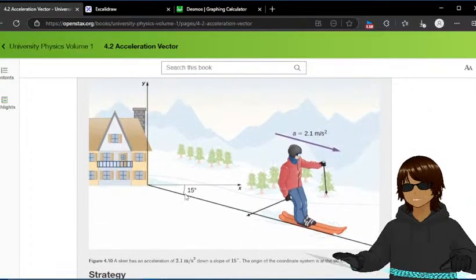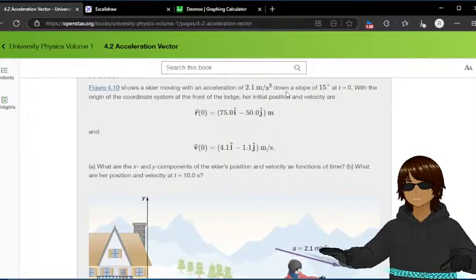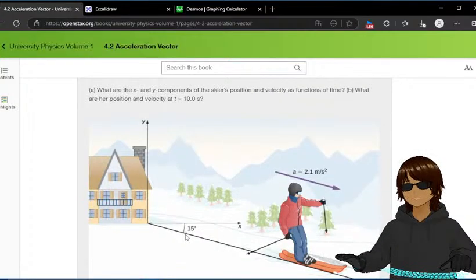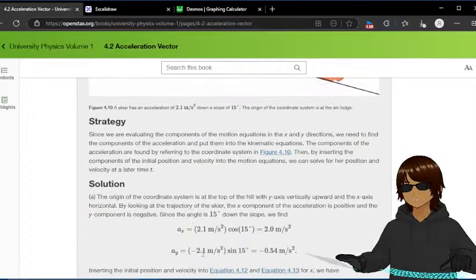Why cos 15? It's 15 degrees down a slope. Then acceleration of 2.1 down a slope of 15 degrees. Only it's 15 degrees in the y direction, right? Not in the x direction. Is it the same for sine 15?